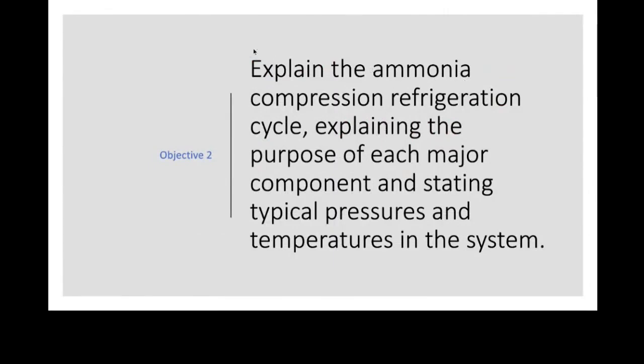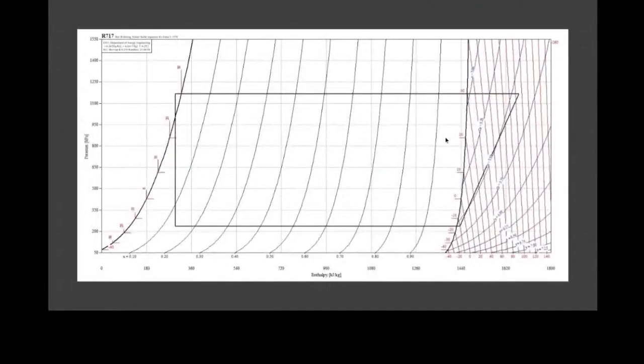Now, this one here is the ammonia compression refrigeration cycle. What we're going to do is look at the refrigeration cycle that you know already, but like I said before, I'm going to just use this as a moment to refresh you a little bit. So this is a chart for R717, and in fact, it is a pressure enthalpy diagram.